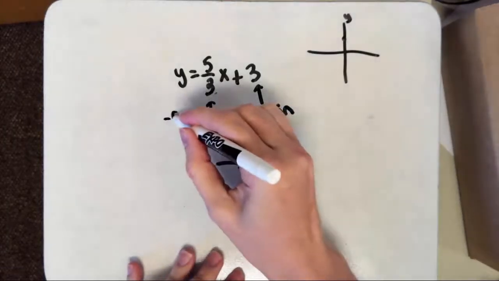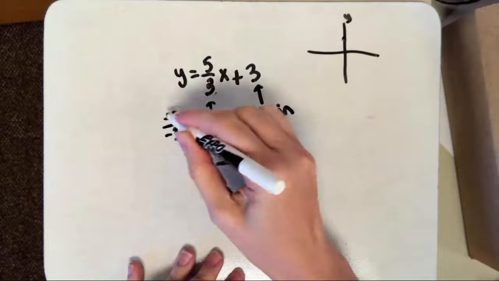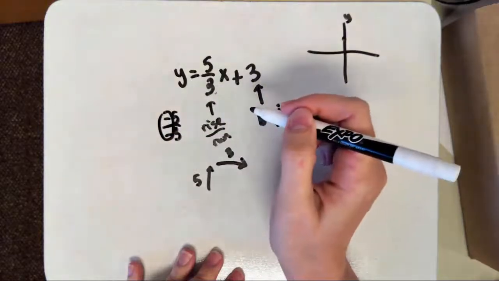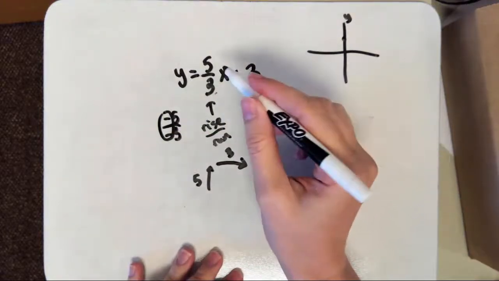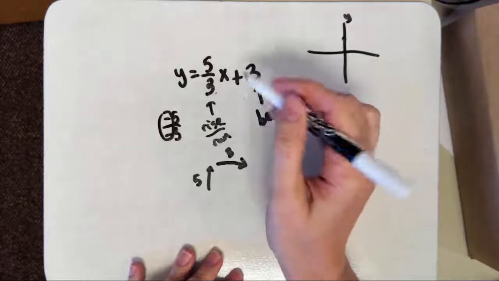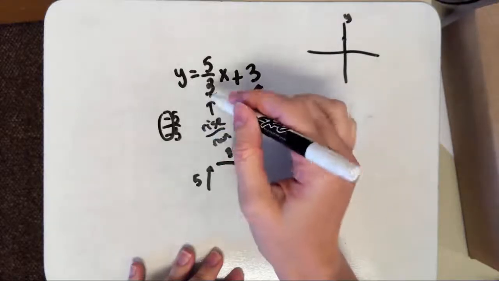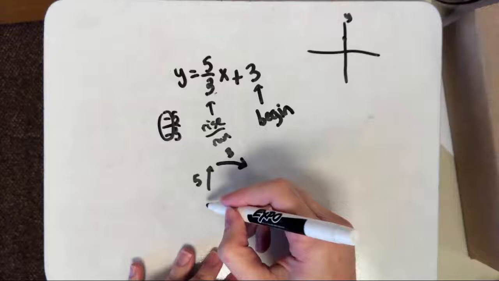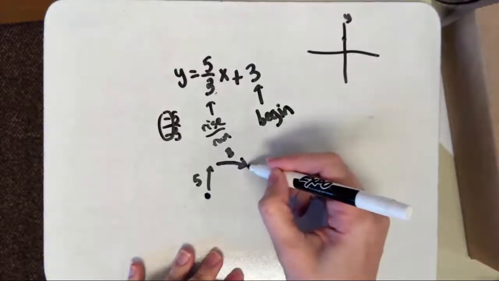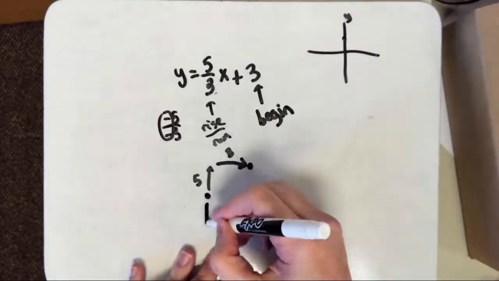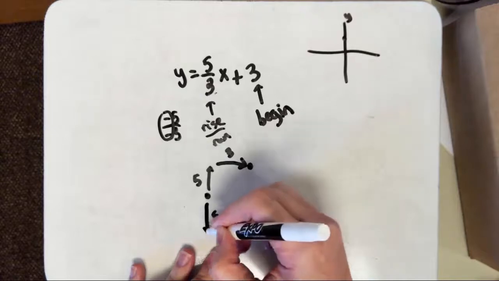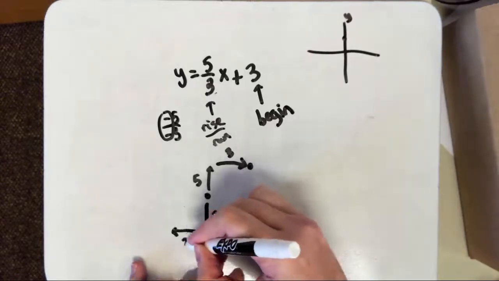Because if I had a -5 over a -3, these two negatives would cancel out and make a positive. So our positive fractions can be written as a positive, or it could be like there's two negatives. So if there was a point here and a point here that we were drawing out, we could also go the other direction, down 5 and left 3.